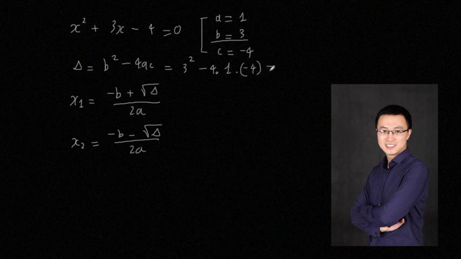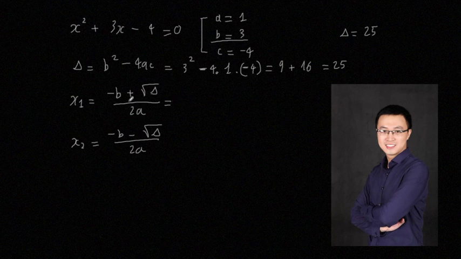So take care about this. It's easy to find 3 squared equal to 9, but negative 4 times 1 times negative 4, negative times negative will be positive. So 4 times 4 equals 16, and 9 plus 16 you get 25. So the value of delta is 25.